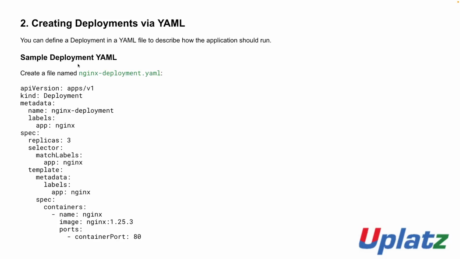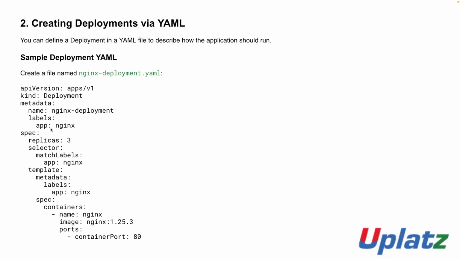Sample deployment YAML. Create a file named nginx-deployment.yml. API version apps/v1. Kind Deployment. Metadata name nginx-deployment.